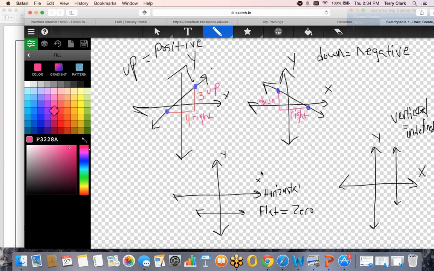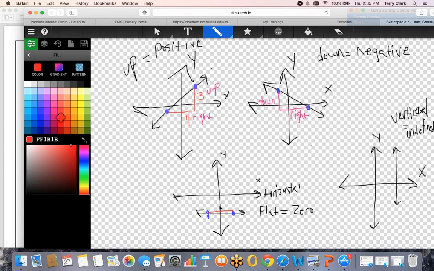And with the flat one, we're just always going over. Let's say, for instance, I'm going to make this blue and do the same thing here. Here we can see we just went over that way. So we didn't go up.